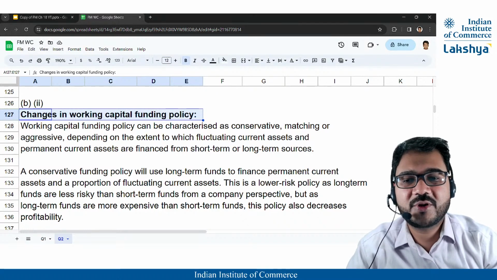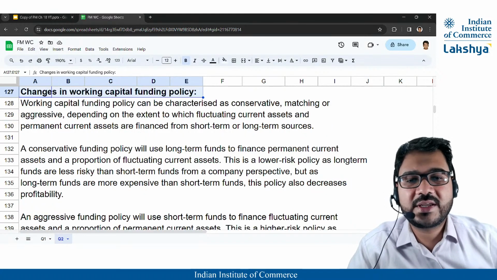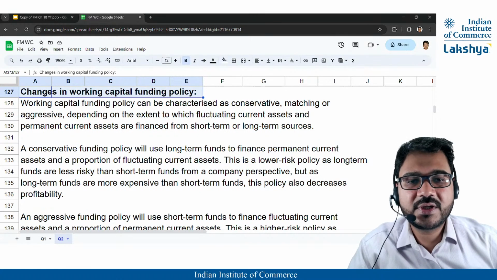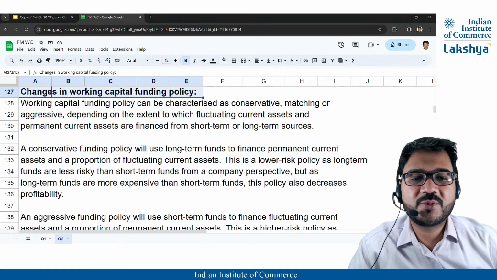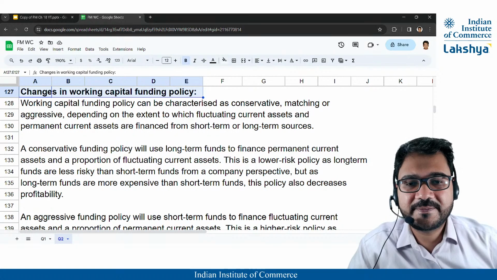A conservative funding policy will use long-term funds to finance permanent current assets and a portion of fluctuating current assets. This is a lower risk policy as long-term funds are less risky than short-term funds from a company's perspective. But as long-term funds are more expensive than short-term funds, this policy also decreases profitability.